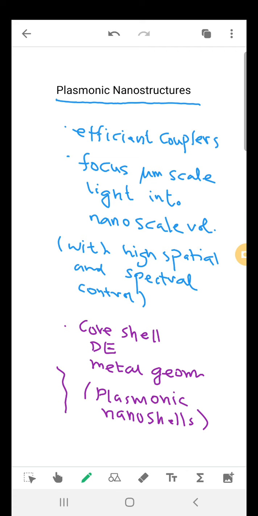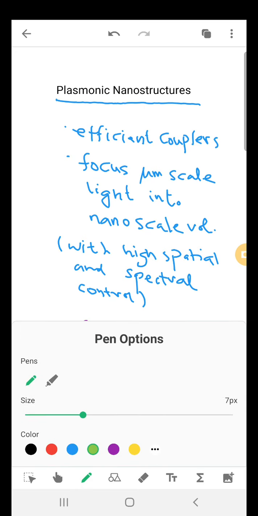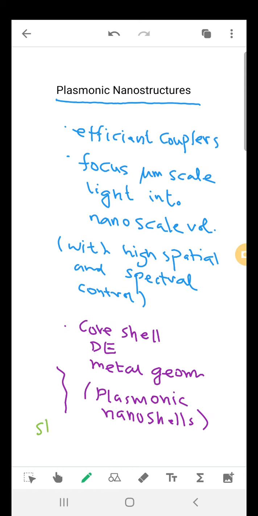These materials have been found to show sharp tunable plasmon resonance.